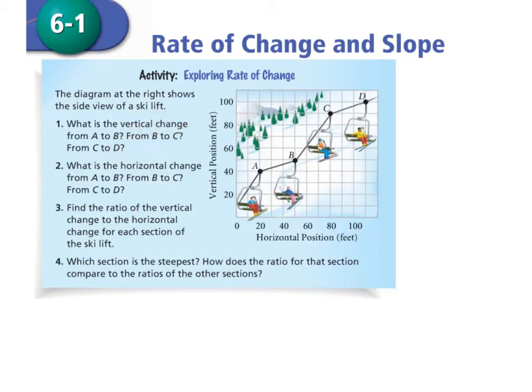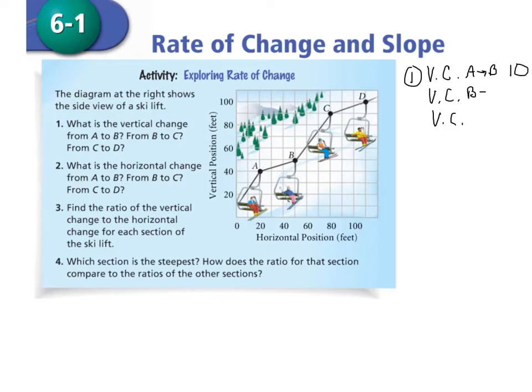So let's start with vertical change. I'm going to abbreviate vertical change as VC. Now from A to B, the vertical change is, let's see, here it's 40, here it'd be 50. So the vertical change would be 10.